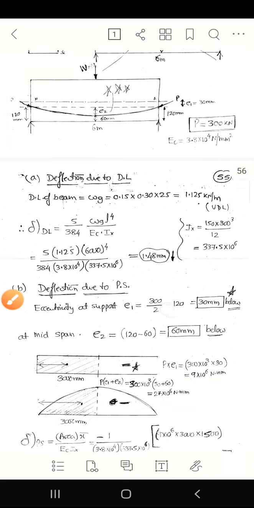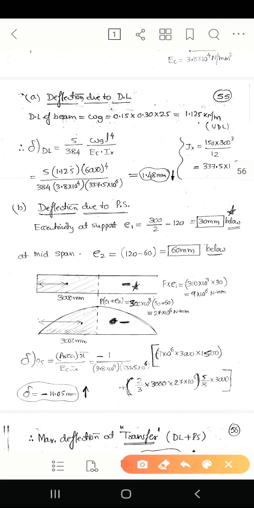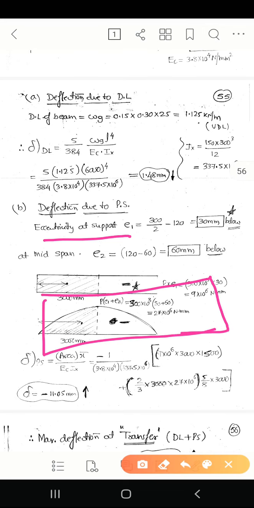Okay, so next we will calculate the deflection due to pre-stress. So for deflection due to pre-stress, eccentricity at the support, E1, we will calculate first. For example, the beam is like this, the neutral axis, and the cable will be parabolic like this.